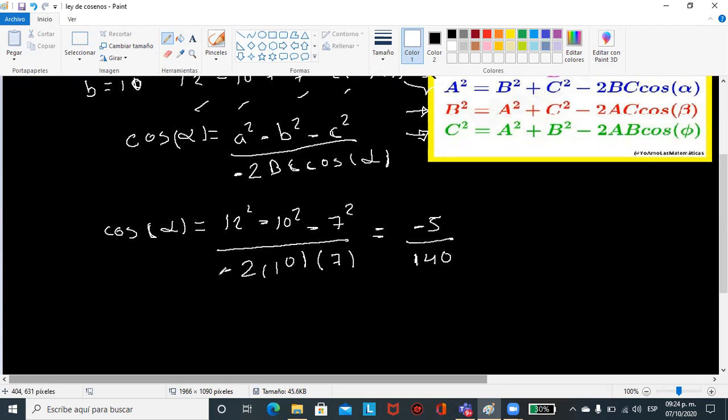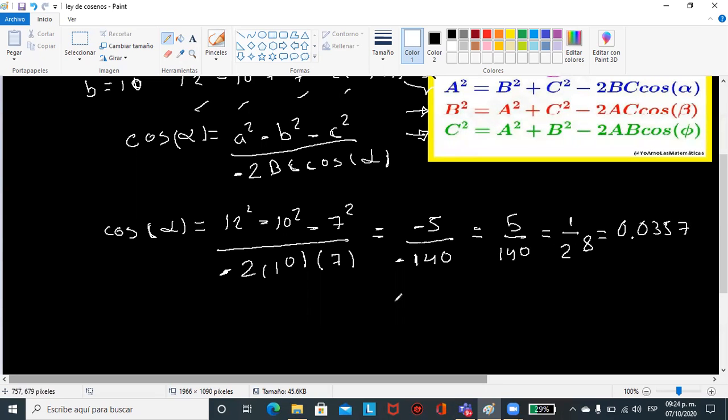Remember that here we have a negative symbol, and negative with negative is equal to positive. So this is equal to 5 over 140, which is 1 over 28.